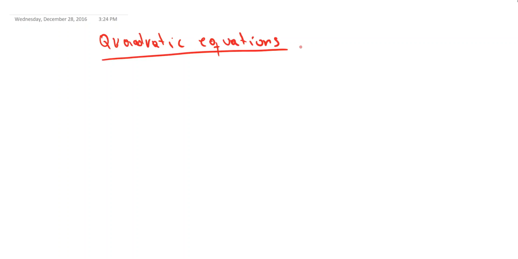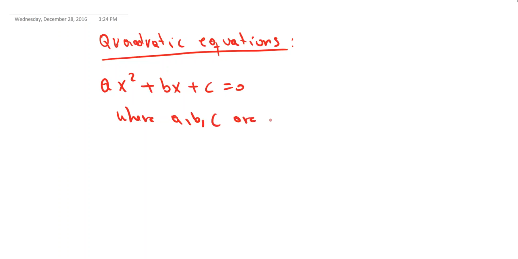Now, a quadratic equation basically is written as a times x squared plus b times x plus c equals 0, where a, b, c are what we call the real numbers, and that a must not be 0, because if a is 0, then we're not going to have a quadratic equation any longer.